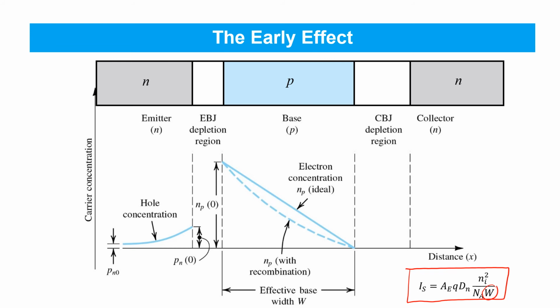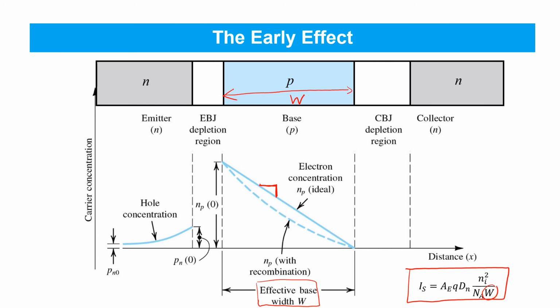We labeled that the effective width of the base region for a reason, because it's actually the space between depletion regions in the base. That's the width across which electrons in an NPN transistor must diffuse.